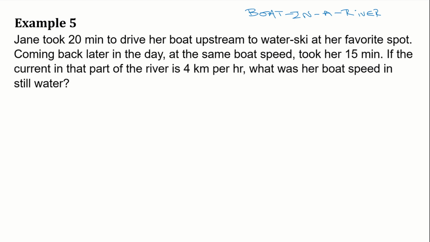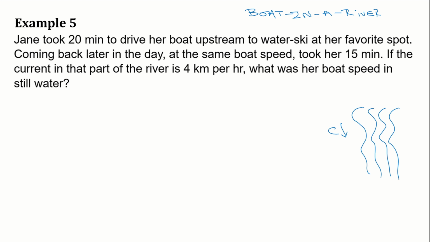So the point of this kind of problem is that, let's say we have a river here, right? Rivers usually have a particular speed, so we call that speed C for the current.